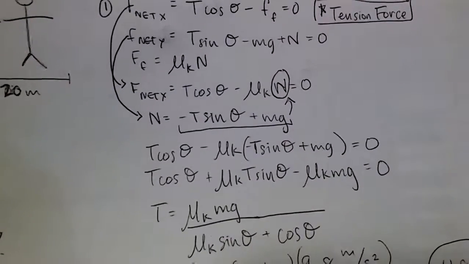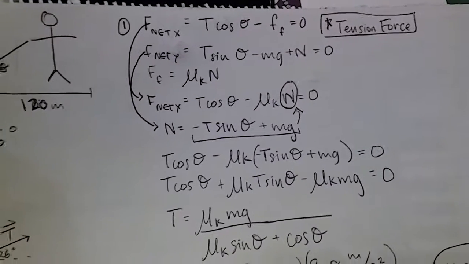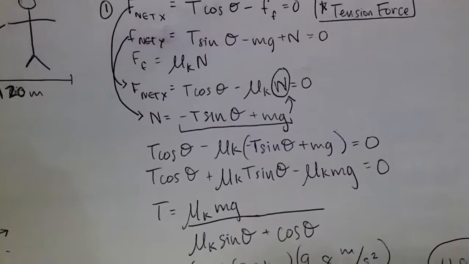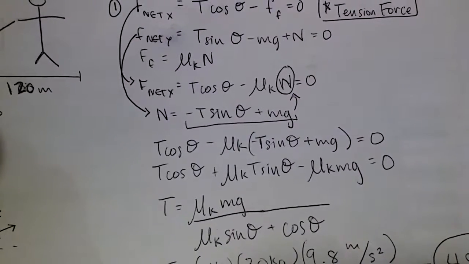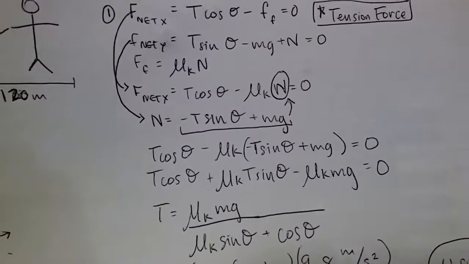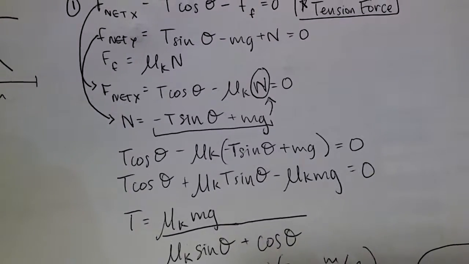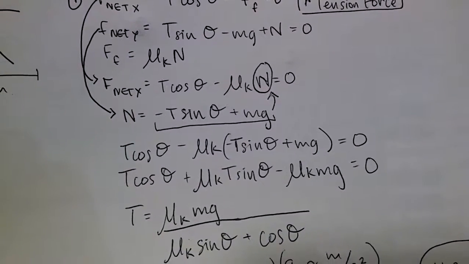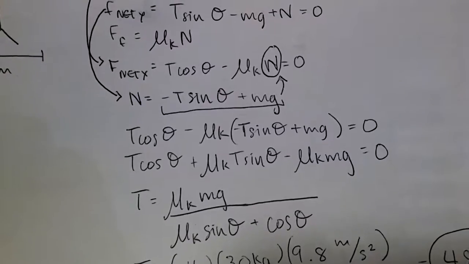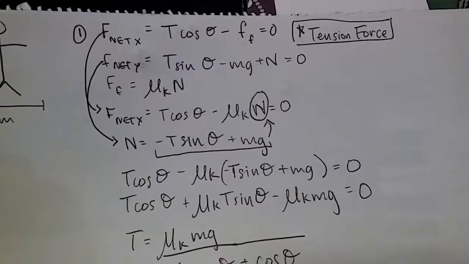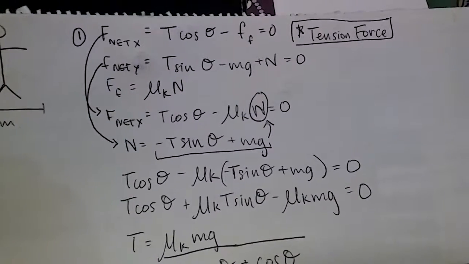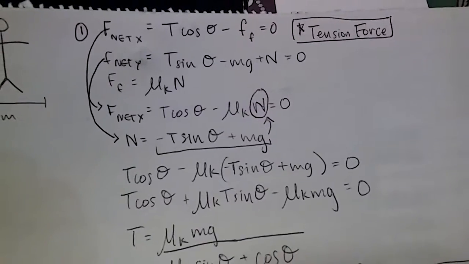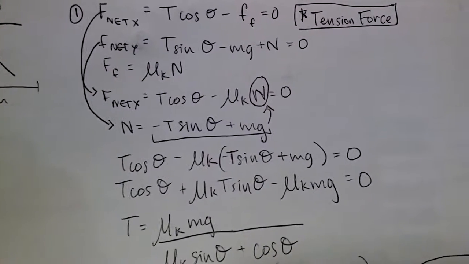And I can also use my given here that the friction force is equal to mu k n, which I already knew. So now I'm going to start solving. I'm substituting friction force for mu k n.